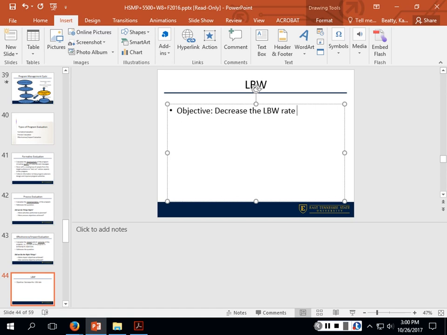What's the cutoff to consider low birth weight? Less than 1500 grams, exactly. So to decrease the proportion of newborns who weigh less than 1500 grams, decrease the low birth weight rate from the current baseline, which is what?